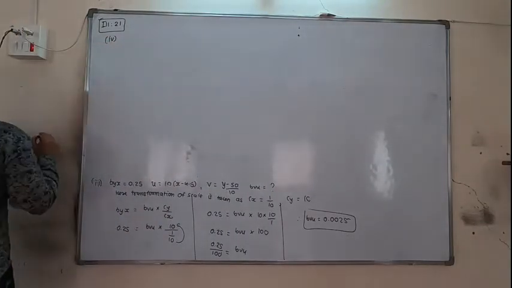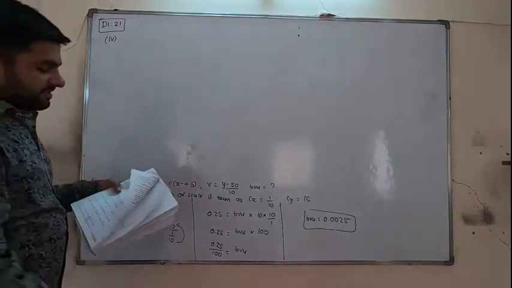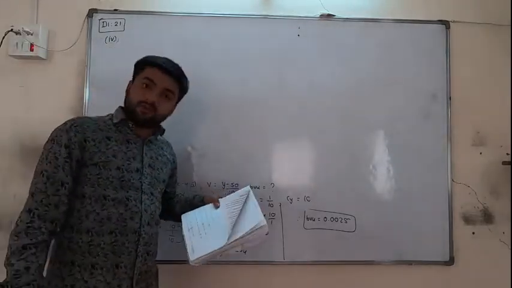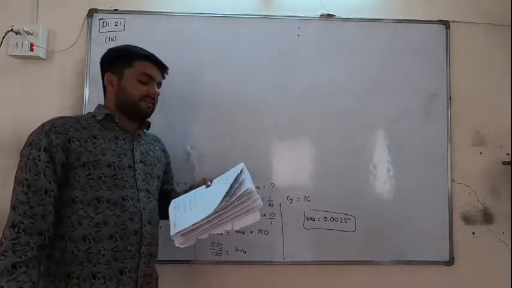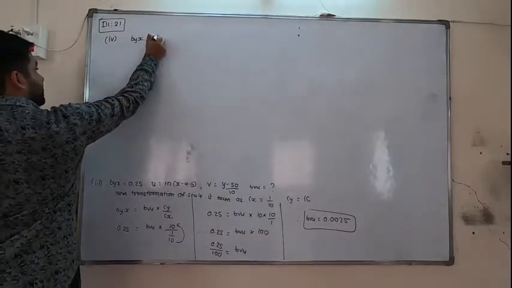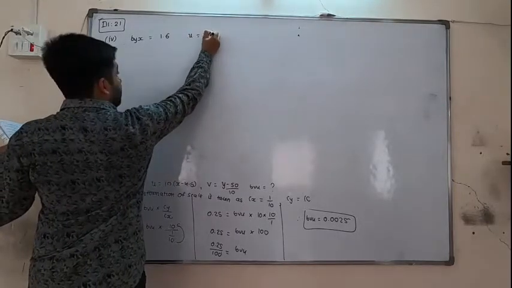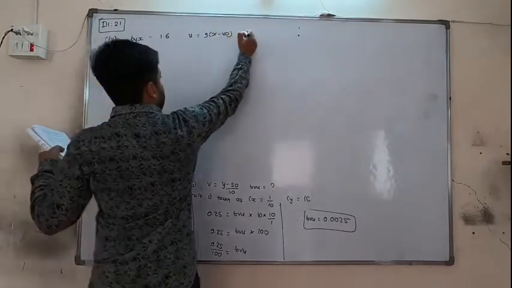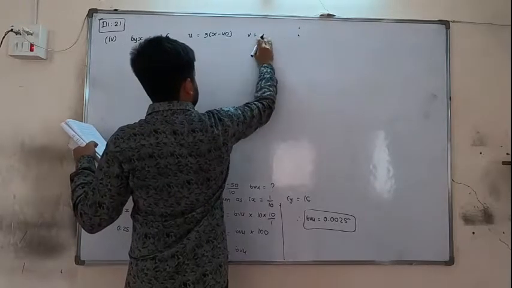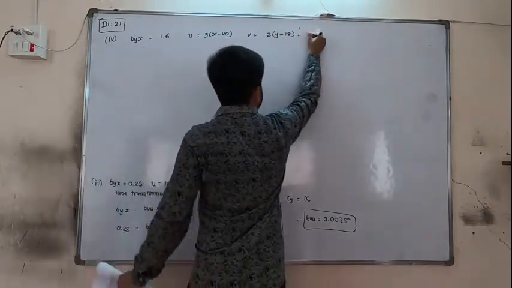Now the last four. u is equal to, now 5 is in multiplication, x minus 40. v is equal to 2 also in multiplication, y minus 18, and Byx is 1.6. So Byx is 1.6. u is equal to 5 multiply x minus 40. v is equal to 2 multiply y minus 18.